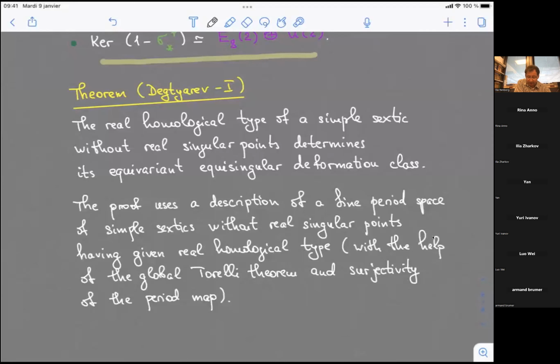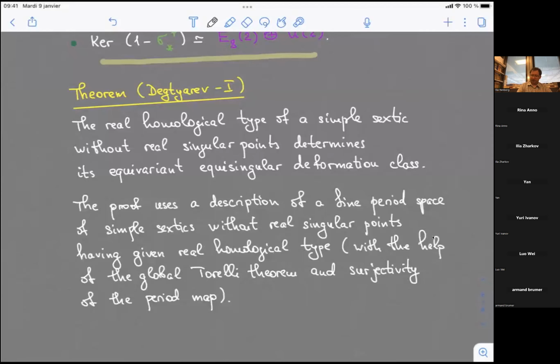But my claim is that if our real sextic does not have real singular points, then exactly one of these halves is non-orientable. So let's choose the other one, and the lifting I will choose to define this real homological type is the lifting such that the fixed point set is above the half of RP2 which is orientable.